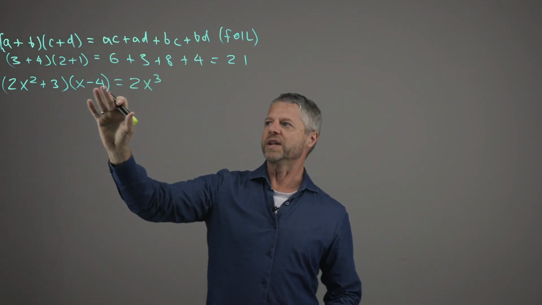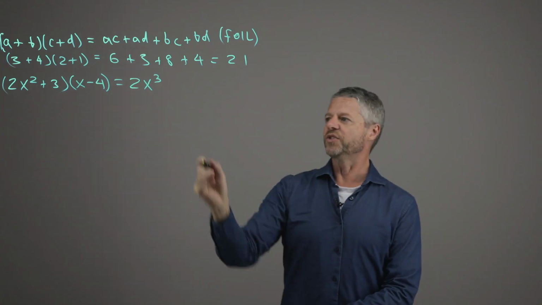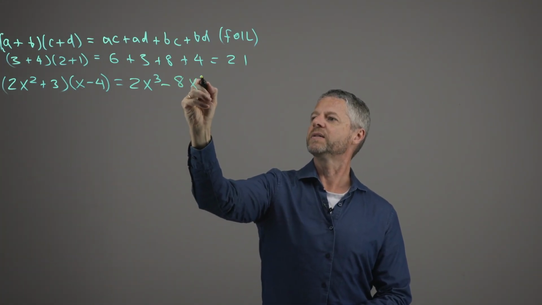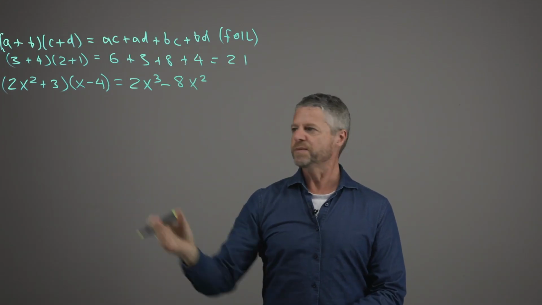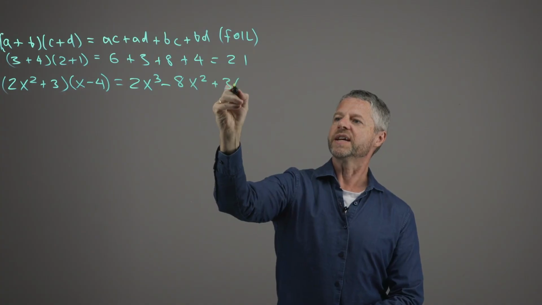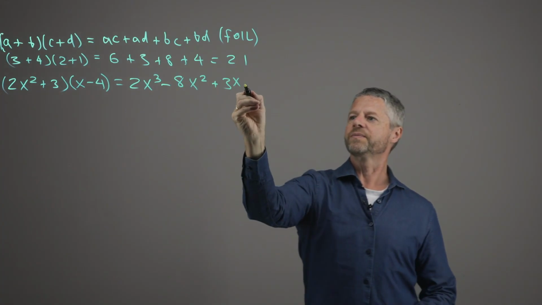And then we're going to do the outer terms, so 2x squared and minus 4, so minus 8 times x squared. And then the inner terms, 3 and x, 3 times x, and then the last terms, 3 and minus 4.